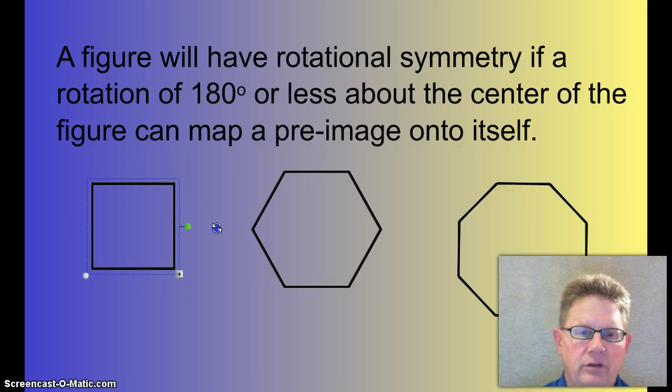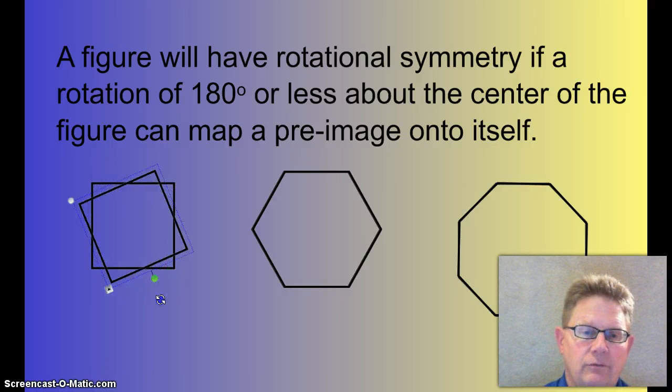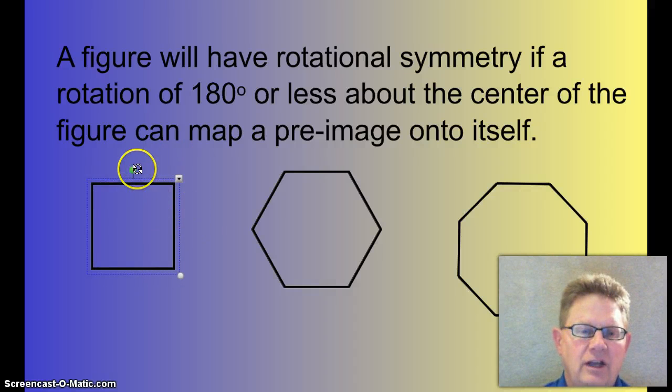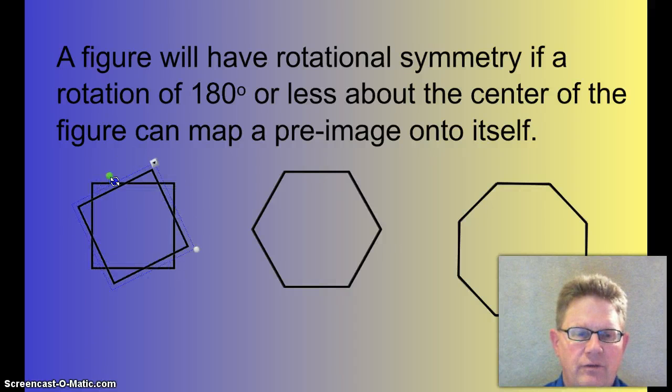Oh, hey, wow. We rotate it 90 degrees. It will land upon itself. Or 180 degrees. Or 270 degrees. So it has rotational symmetry, of course. So it has rotational symmetry of 90, 180, and 270.